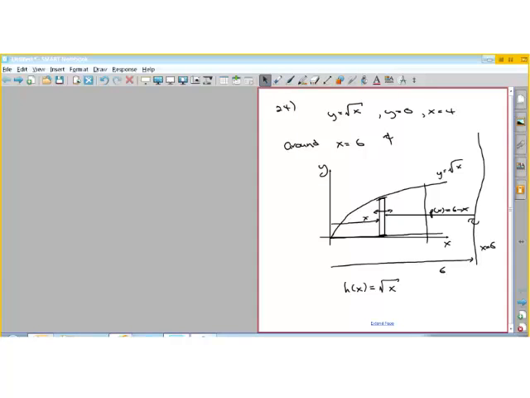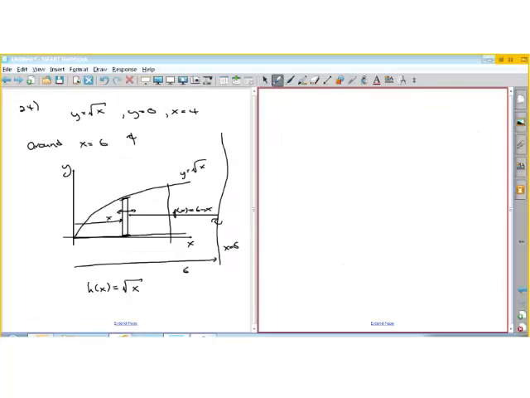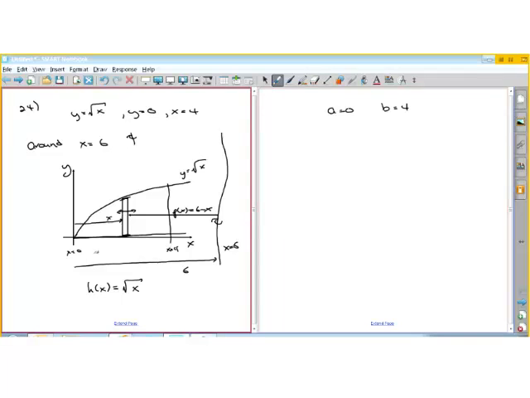Our limits are going to be 0 right here at this corner, and x equals 4. So we go from 0 to 4. Those are our limits of integration. So we know that a equals 0, which is our lower limit, and b equals 4, which is the upper limit.